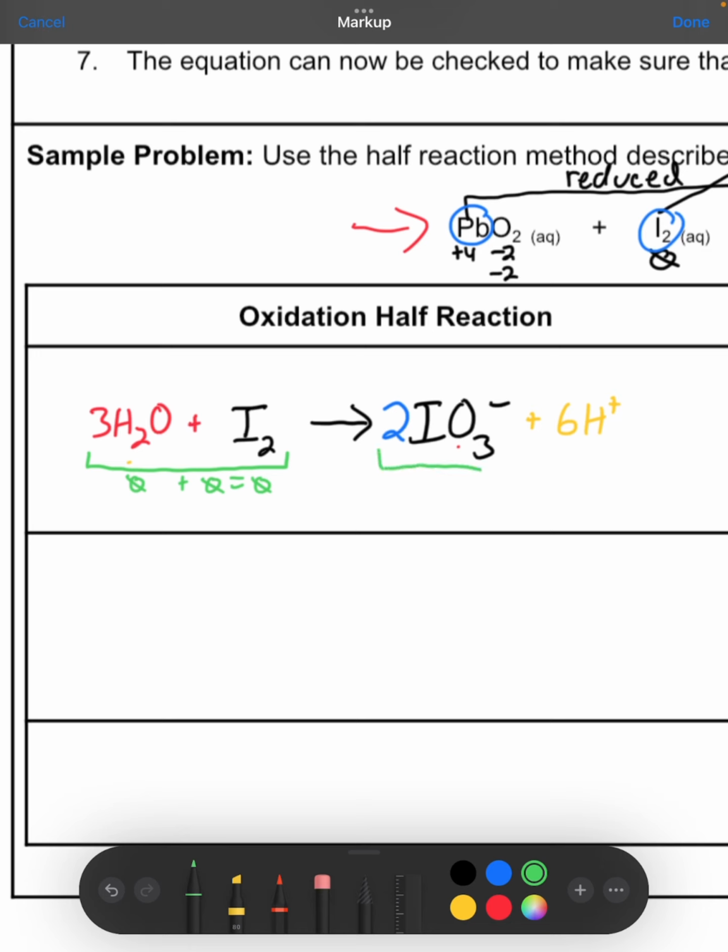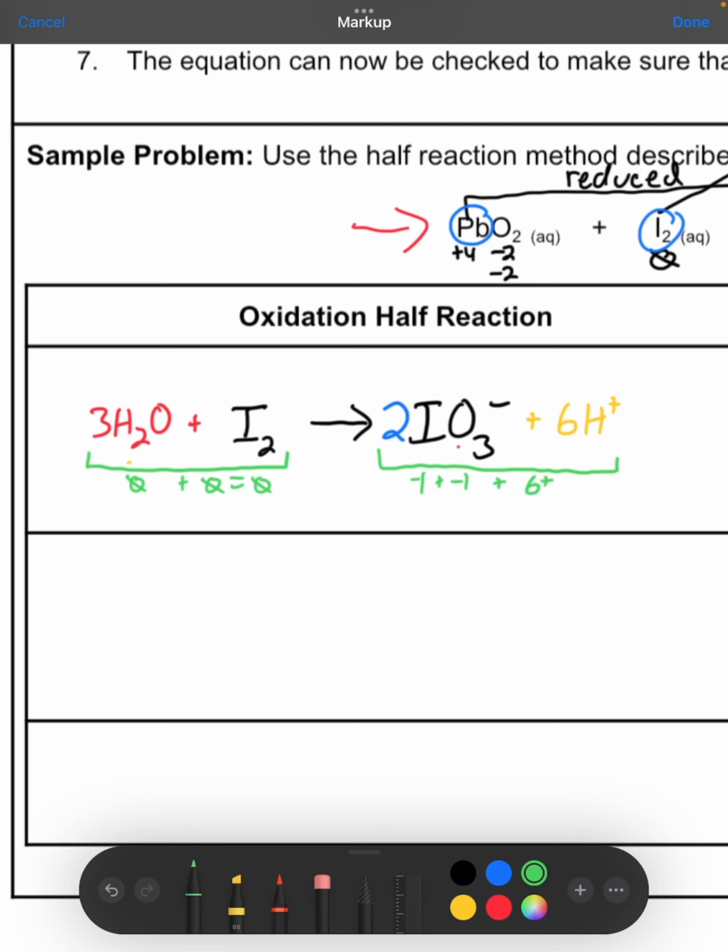On the right-hand side, though, that is not the case. Each IO3 molecule has a -1 charge, and there are 2 of them. So I have 2 -1 charges based on those 2 IO3 molecules. Each of my hydrogen ions that I added has a +1 charge, and there's 6 of them.